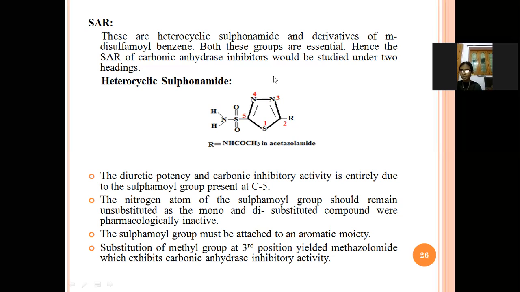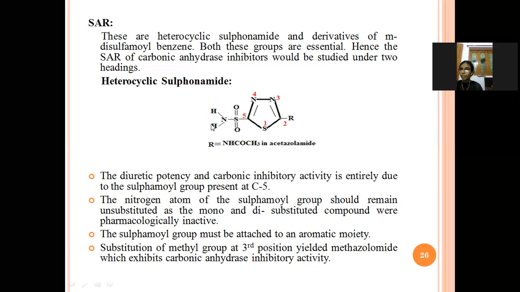Next, in the third position, if a methyl group is there, it is known as methazolamide, and it is used as a diuretic. I will explain again the sulfonamide. In the fifth position the sulfonyl group is very essential, and the amide group present in it should be unsubstituted.